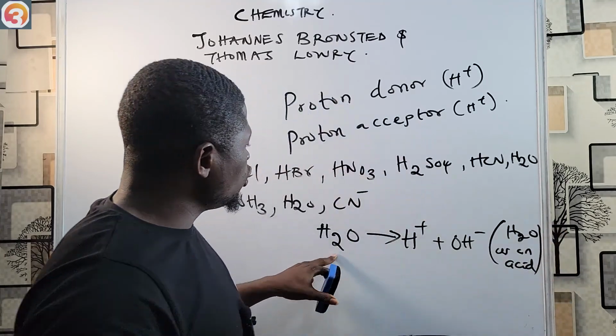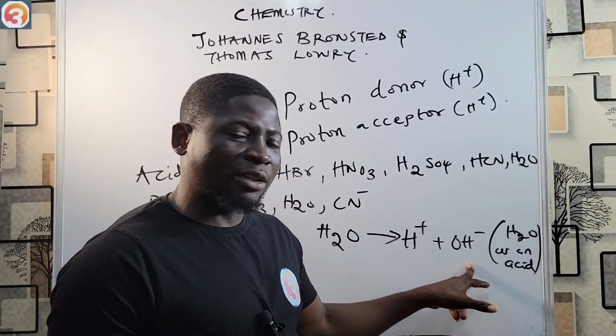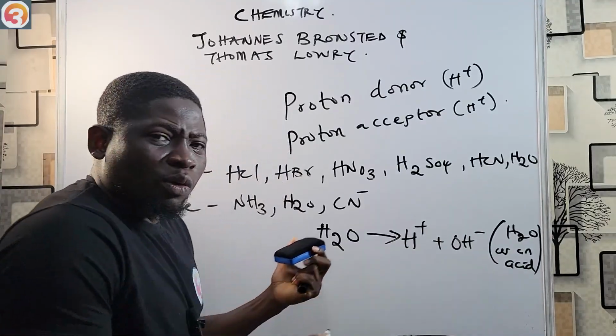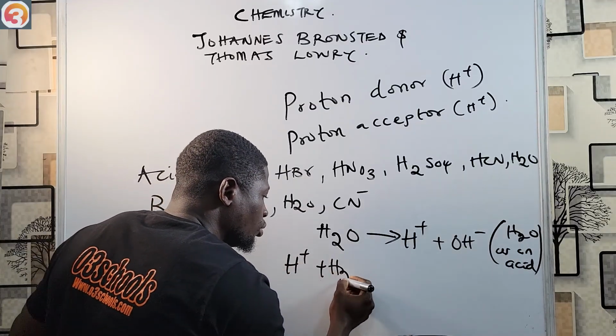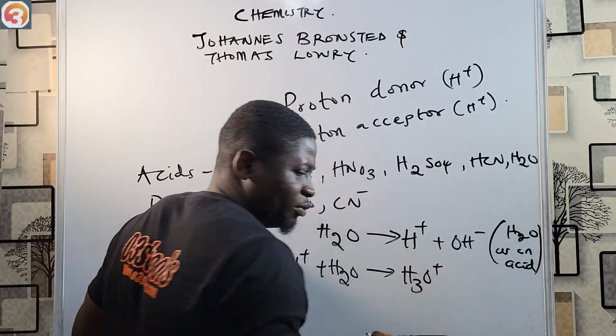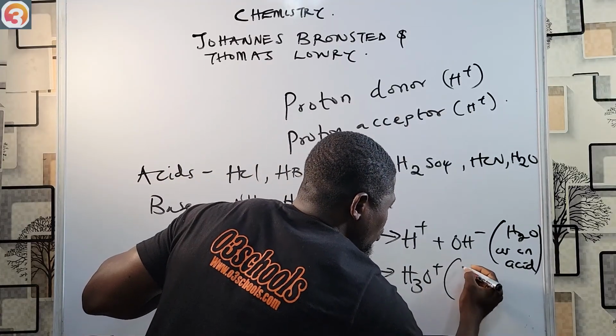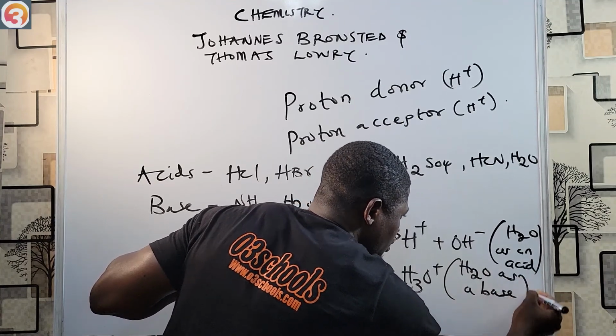H2O is acting as an acid here because it is donating a proton to give the hydroxyl ion. Now it can also accept a proton. So H positive plus H2O gives us the hydronium ion. We have seen this before. So this is H2O as a base.